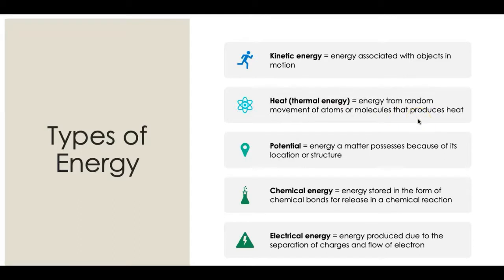The third one is potential energy, the energy a matter possesses because of its location or structure. The fourth one is chemical energy, which is the energy stored in the form of chemical bonds for release in a chemical reaction. And finally is electrical energy, which is the energy produced due to the separation of charges and flow of electrons.